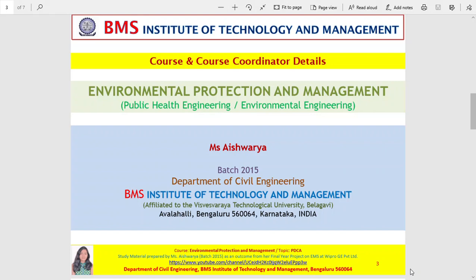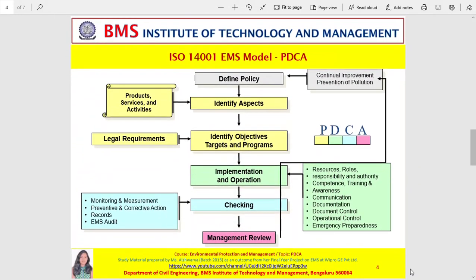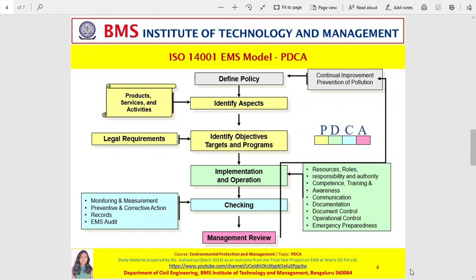As a part of this experience, she had gained first-hand knowledge on EMS and the 4 important steps: plan, do, check, act in ISO 14001. So I take this opportunity to welcome Miss Aishwarya, who will be engaging today's session on ISO 14001 EMS model PDCA for all of you.